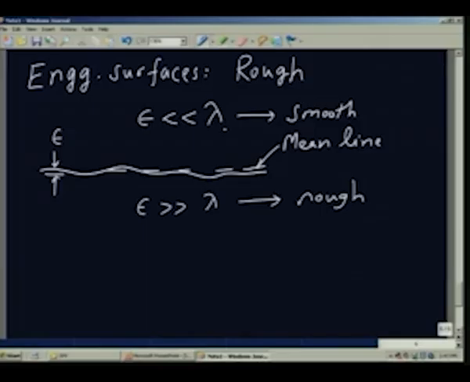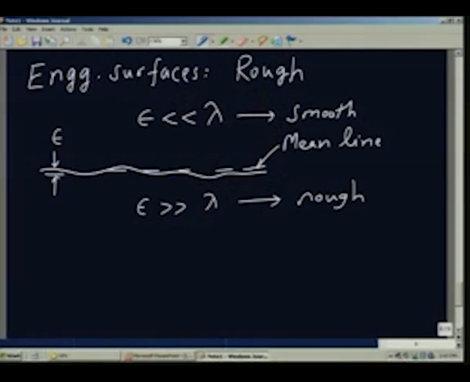And as we mentioned earlier, we may be talking about lambda varying from the ultraviolet part, then the visible part, and then the infrared. The lambda is not a constant, it depends on the particular application. So, if you want to consider some surface as smooth in the visible part of the spectrum, then epsilon must be much smaller than the wavelength of the corresponding radiation.